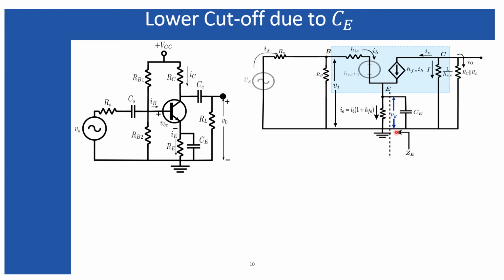Therefore, I should look from this terminal in order to find the equivalent impedance that is going to associate with this CE. So when I look from this terminal, basically I'm going to find out the output impedance of an emitter follower, because this circuit is an emitter follower when you are taking the output from the emitter terminal.